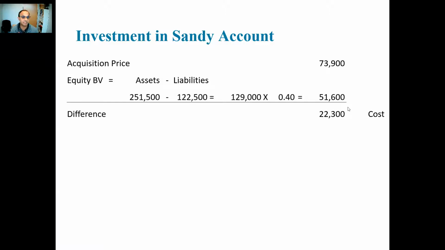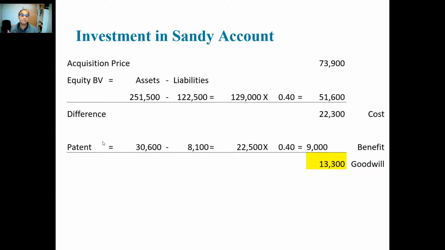Then we subtract it. We get this difference as a cost. So this is like a cost for us. Then the patent, whose market value increased, 3,600 minus the book value of the patent, 8,100, we get our percentage of ownership, 40%, so we get 9,000, and this is like a benefit for us.